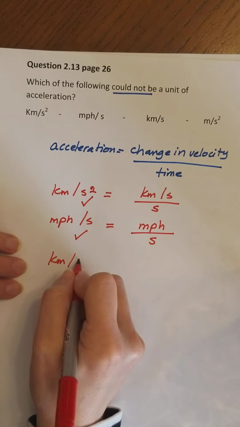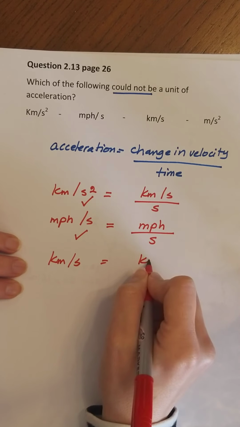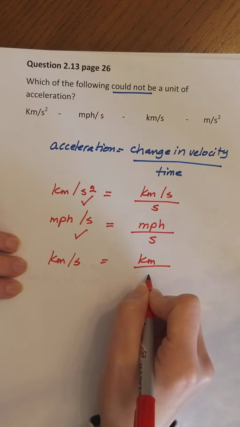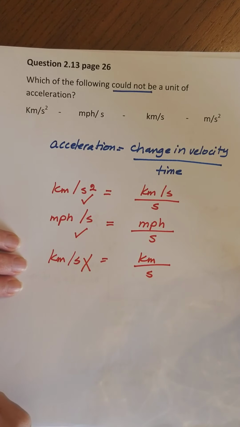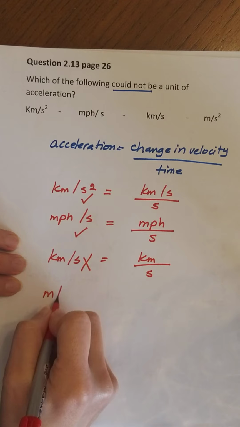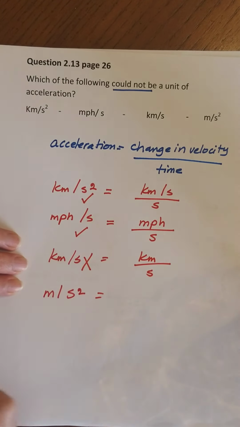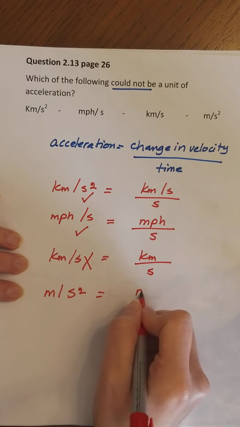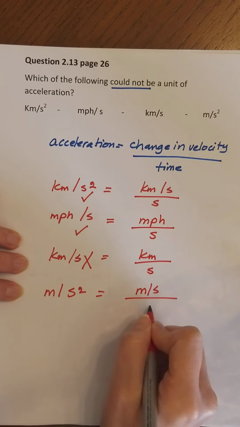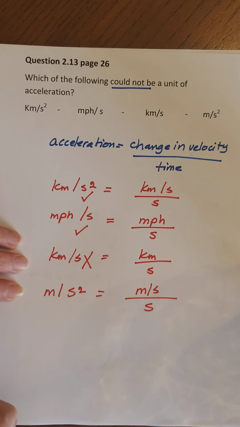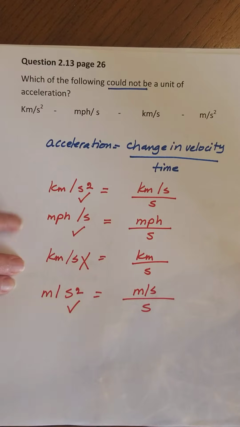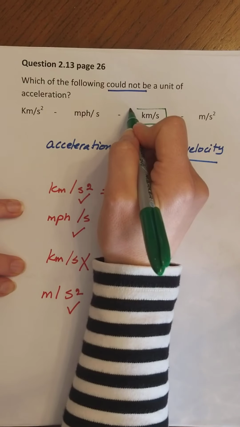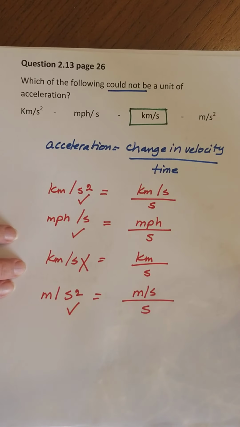Kilometers per second. This is a unit of distance, kilometer, divided by a unit of time. So this could not be a unit of acceleration. Meters per second squared. This is a unit of velocity, meters per second, divided by a unit of time, second. So this also could be a unit of acceleration. The unit that could not be a unit of acceleration is kilometers per second.